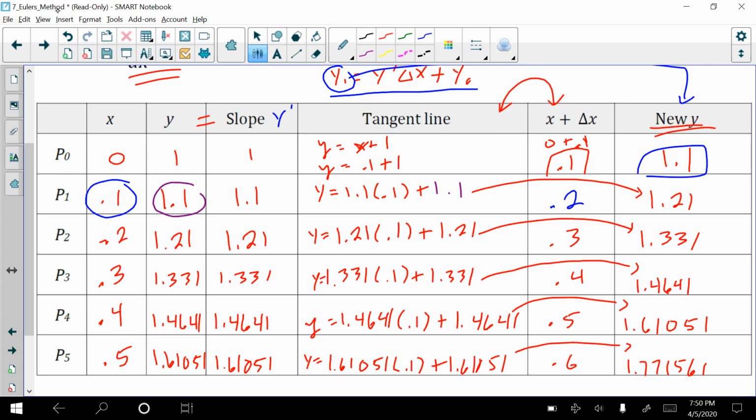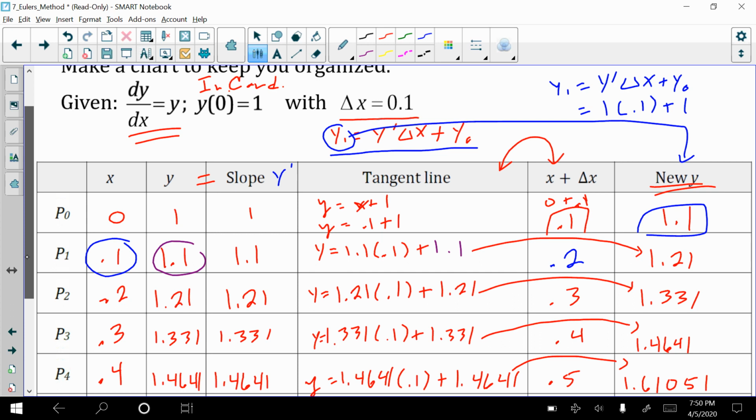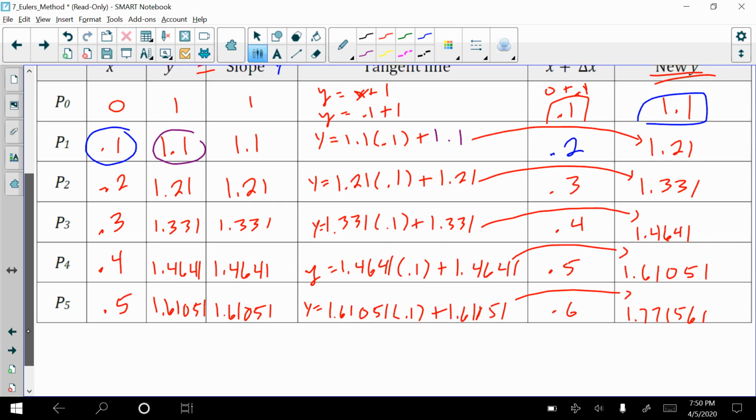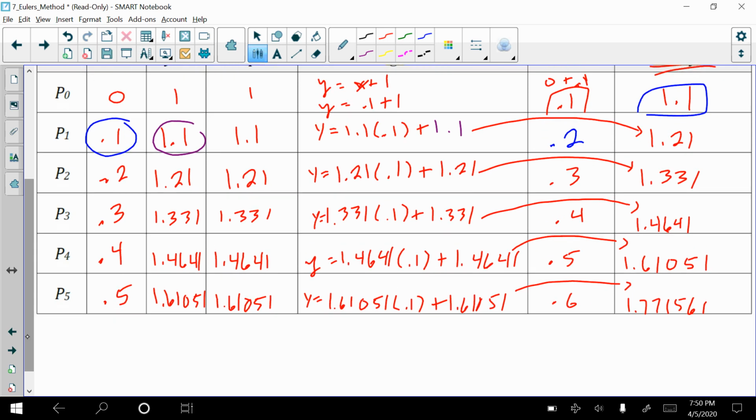Okay. Now, we're going to see this again later on, but if you really want to, you can look at the table of values on a calculator, because the differential equation that we started with, dy over dx being equal to y, is the same thing as y being equal to e to the x power.